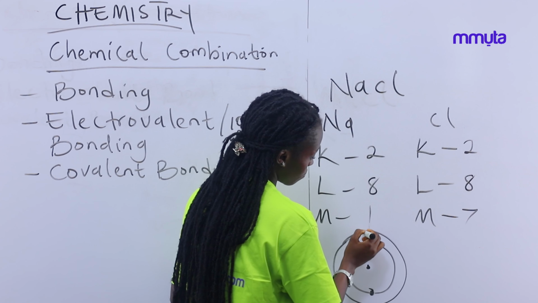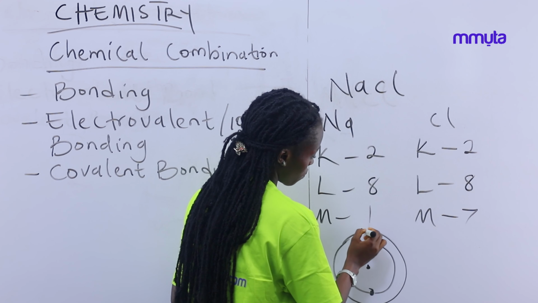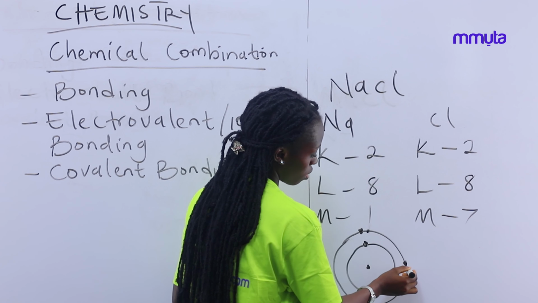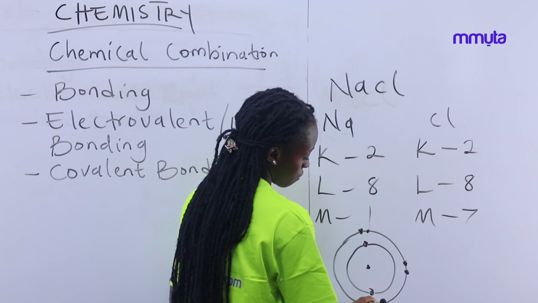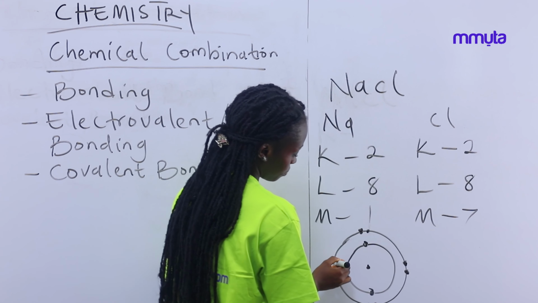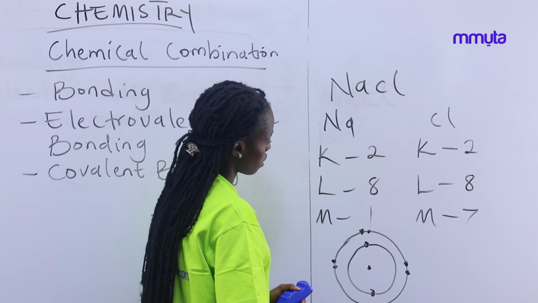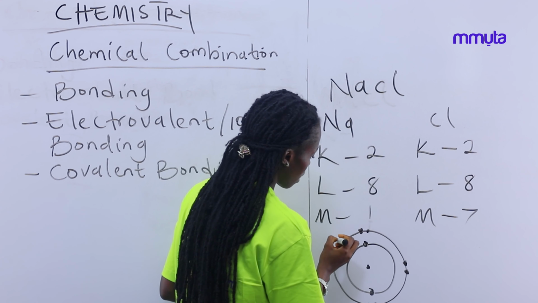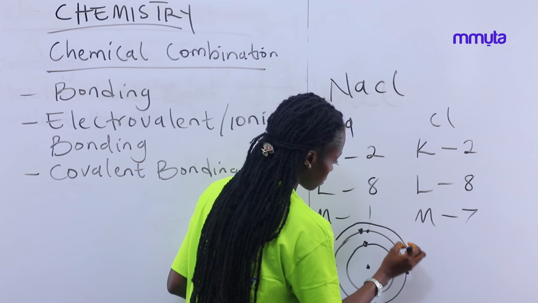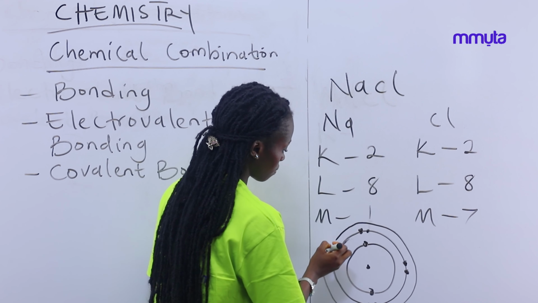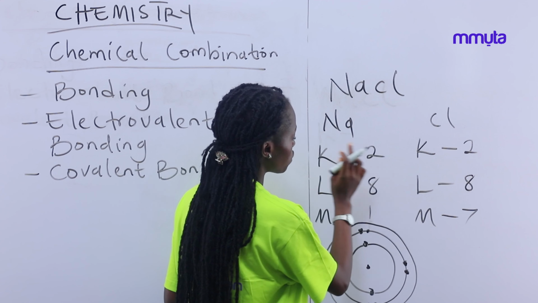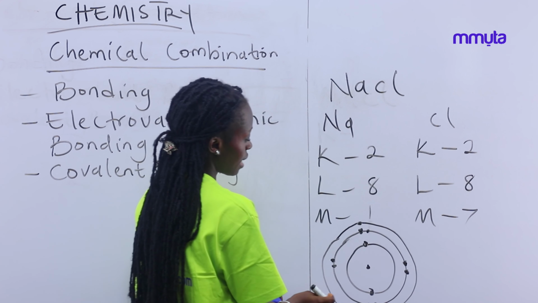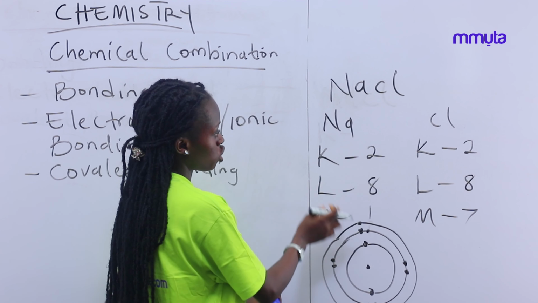The L shell, which houses 8: 1, 2, 3, 4, 5, 6, 7, 8. Now the M shell. The M shell of sodium houses only 1 electron. Now this is the electronic configuration of sodium.